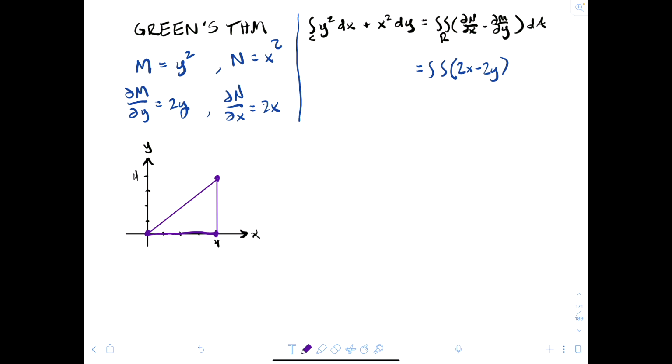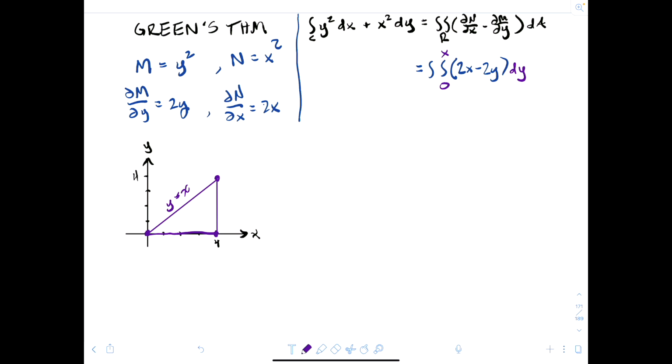And so here, isn't this the line y equals x? So as y is moving along, it's moving along from what to what? From y equals 0 to the line y equals x, right? So we're going to have 0 to x, and that's what dy is moving along.